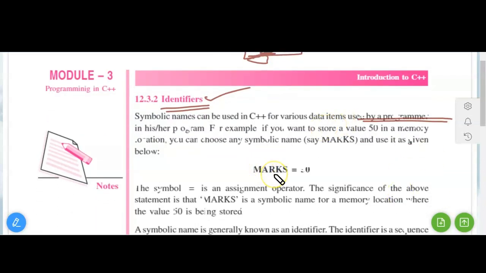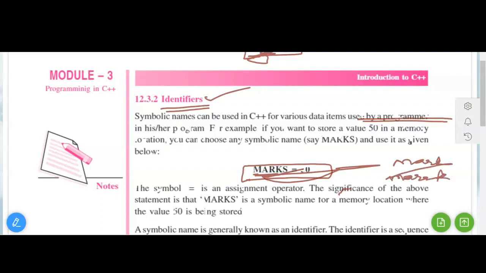So if I want to use a variable for marks, the programmer can use marks. You can use anything you wish, like mark, or mar underscore k, but it should not be any of the keywords.